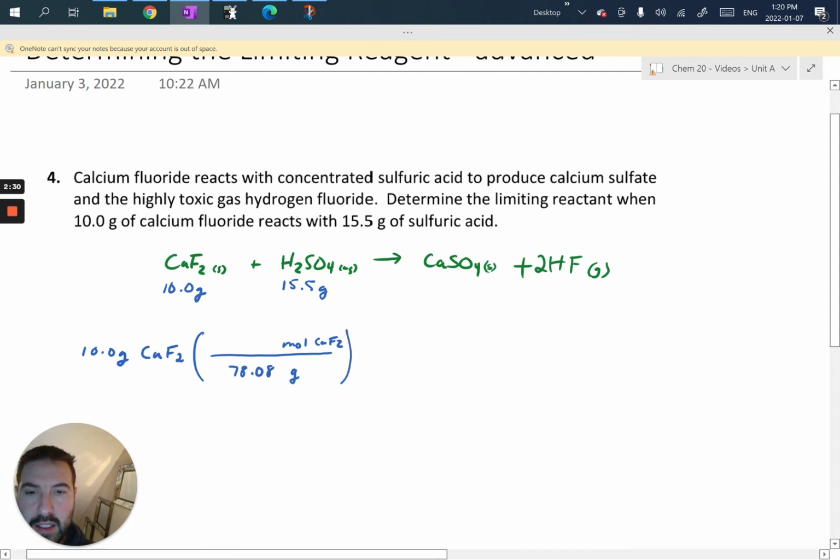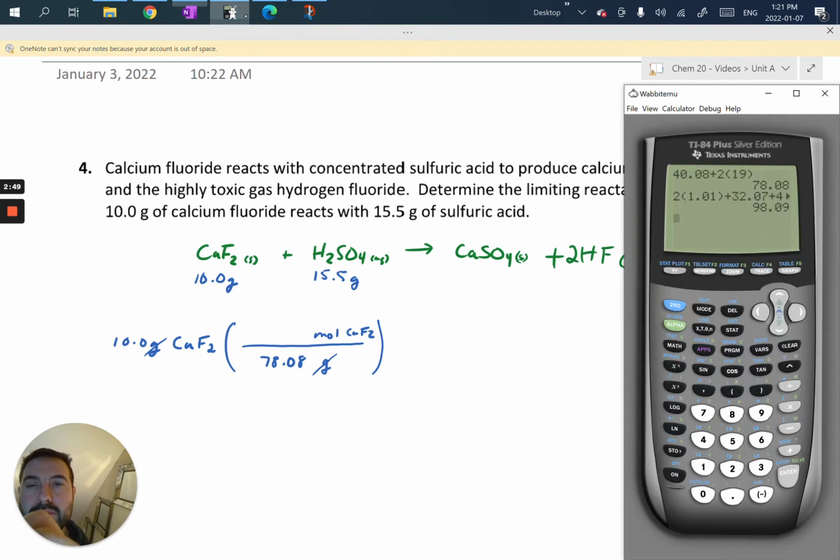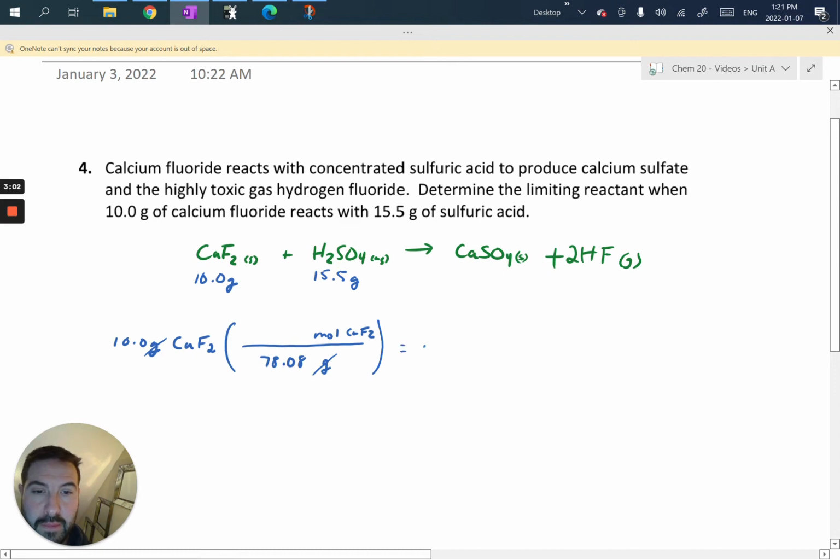That gives me the number of moles of CaF2 available in this reaction. So I have 10 divided by 78.08, and I get 0.128 moles of CaF2.